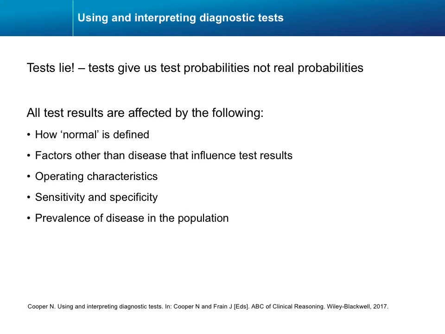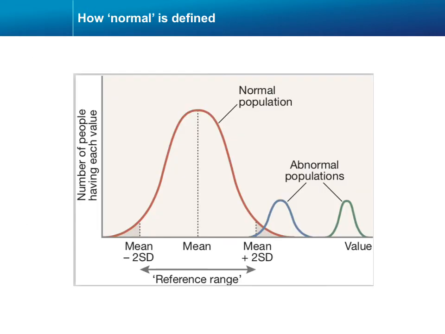So let's start with normal values. Most test results have a normal distribution. That's a Gaussian distribution, this curve that you see here. And to define what's healthy or unhealthy, what's normal and what's diseased, we have to have a cut-off point.